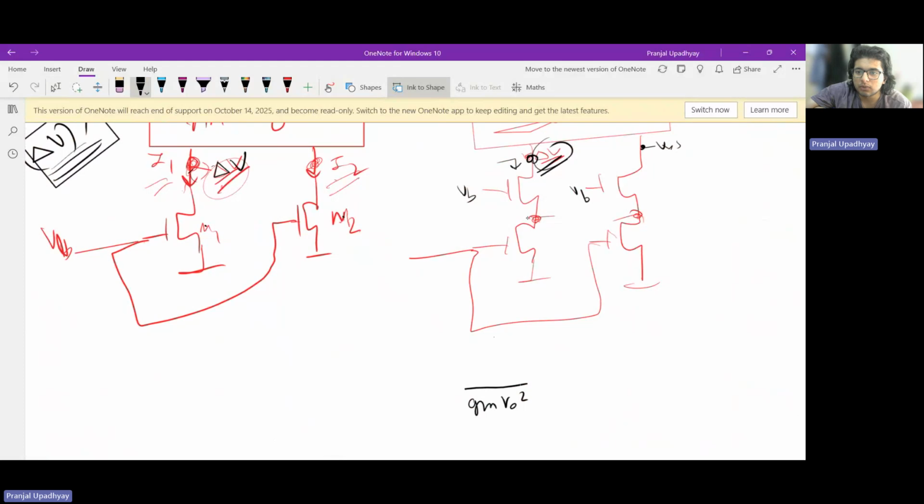That means the current flowing because of this del V will be del V divided by gm ro squared. In small signal, this guy is grounded, this guy is grounded, which means the current can only flow through this ro path, right?